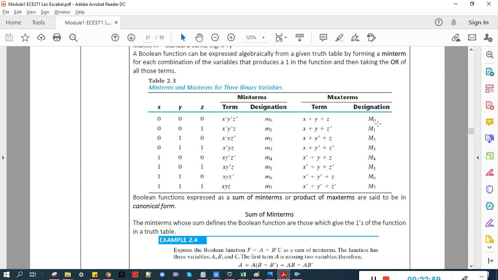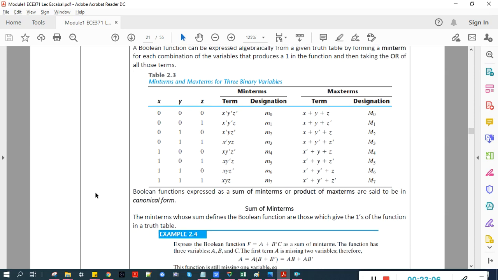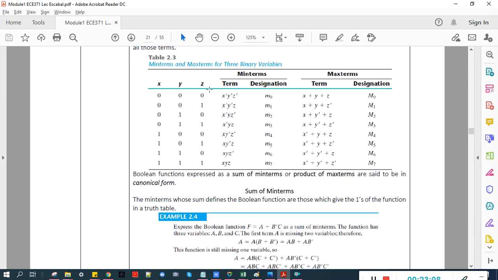So mean terms are small m, max terms are capital M, 0 to 7. Try to remember these mean terms and max terms because we will be using them a lot.